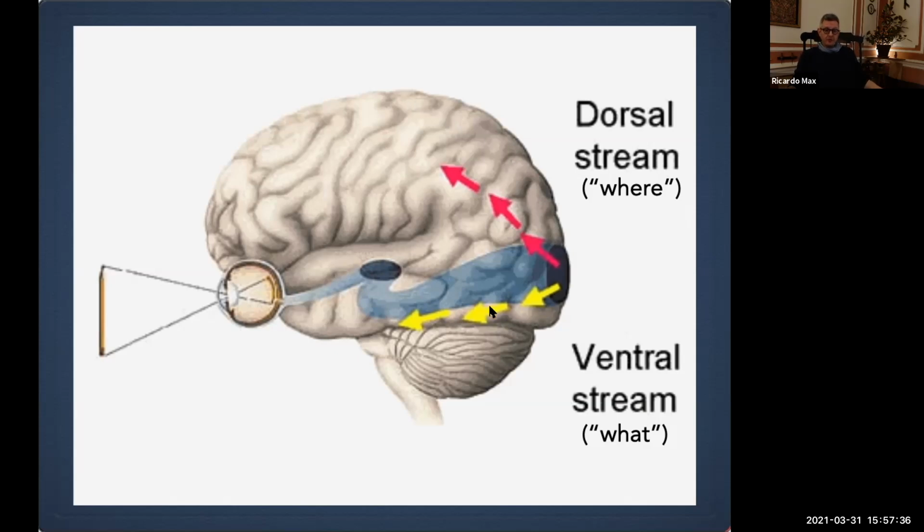And the ventral stream is associated with much more information, memory, object recognition, semantics, everything that we can say are the what identifications.